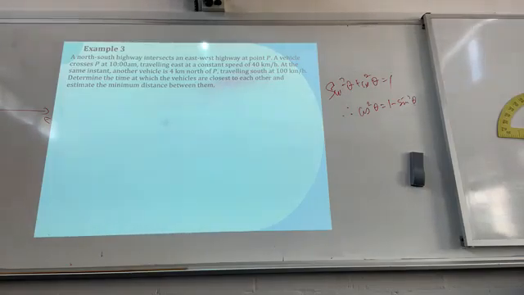Determine the time at which the vehicles are closest to each other and estimate the minimum distance between them. One is traveling east at a constant speed, and the other one is moving down this way.